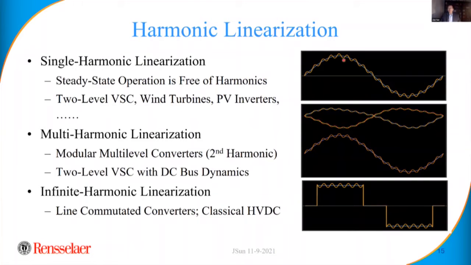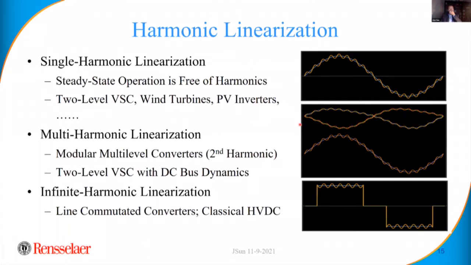The steady state operation can be assumed to be harmonic free. In principle, they shouldn't be harmonic, right? So the perturbation will be added on top of the fundamental, and that's what we call single harmonic linearization. We are linearizing along the trajectory of a single sine wave, which is a fundamental, but in general term, we call it harmonic. Right? And that's the bulk of the converters and models we develop.